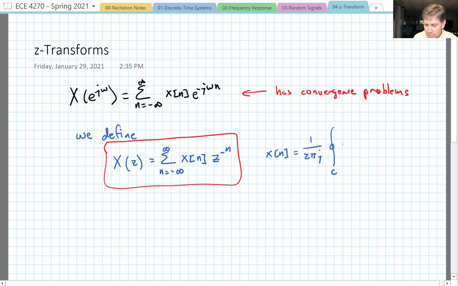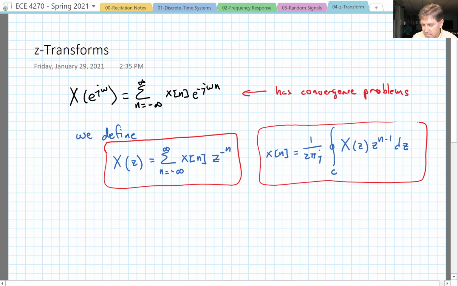It's a contour integral that encloses every pole or every critical point within the Z-transform itself. We won't be doing this integral. In fact, for some types of problems, this may come up. But in signal processing, we instead, actually, maybe I should explain this differently.